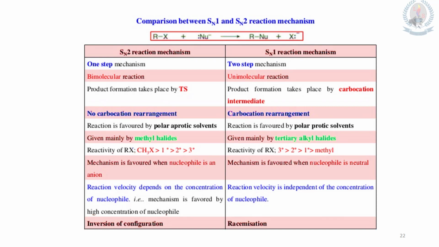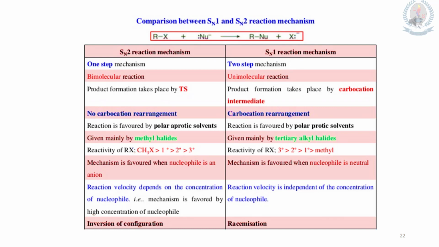That's why we say it is a bimolecular reaction. Product formation always takes place by a transition state. No carbocation rearrangement. This reaction is favored by polar aprotic solvents. Normally, this SN2 reaction is given by methyl halides, or primary halogenoalkanes.